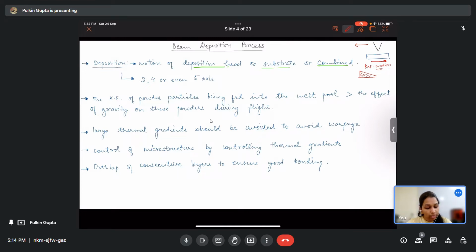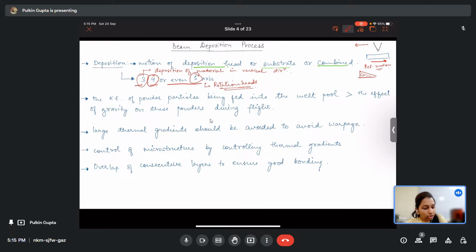Now also, this deposition head can be mounted on a 3-axis device, or a 4 or even 5-axis device. So in a 3-axis deposition head, what you have is deposition of material in vertical direction. Okay, but in case of 4 or 5-axis deposition heads, you also allow for rotations.